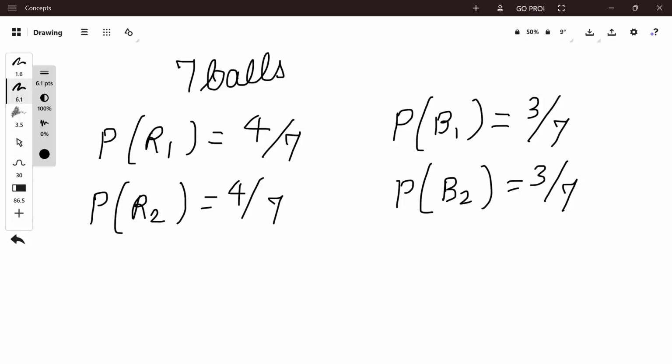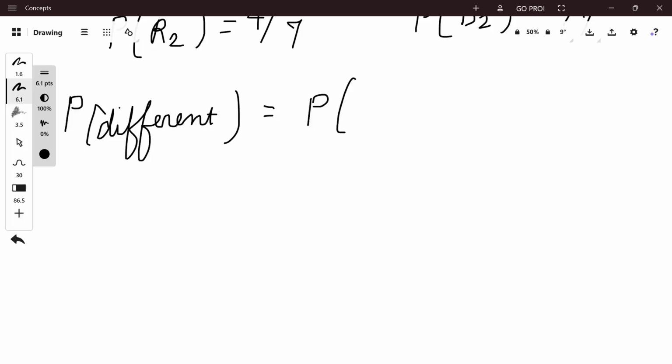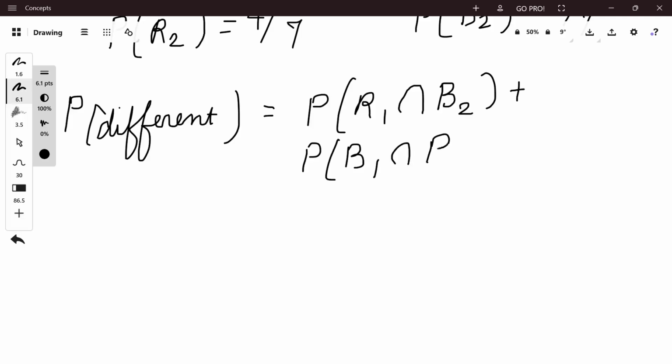Different colors can be red, then black, or black, then red. So P(different) is equal to P(R1 intersection B2) plus P(B1 intersection R2).